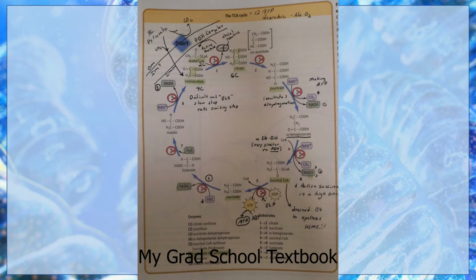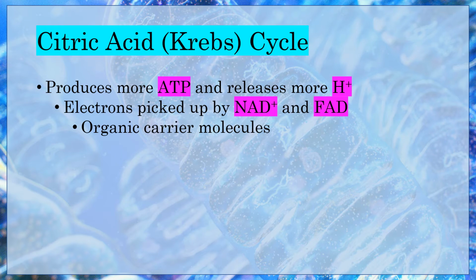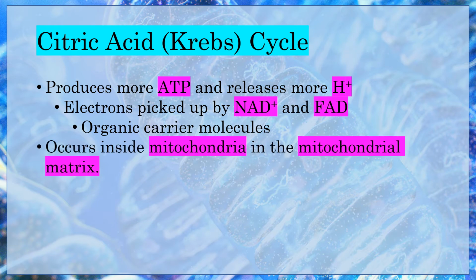We won't be going into it in depth. Citric acid cycle or Krebs cycle: this produces more ATP and releases more hydrogen ions. The electrons are picked up by NAD and FAD, and these two are organic carrier molecules. This occurs inside the mitochondria. That's very important to remember: in the mitochondrial matrix.